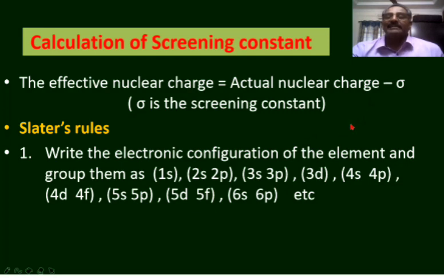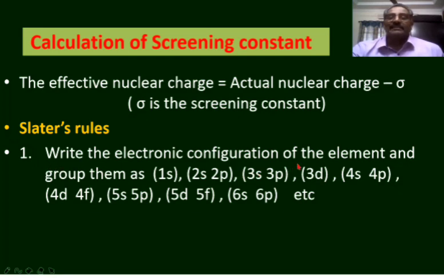In order to find the screening constant, a scientist Slater proposed some rules. Those rules are known as Slater's rules. The Slater's rules are: 1.